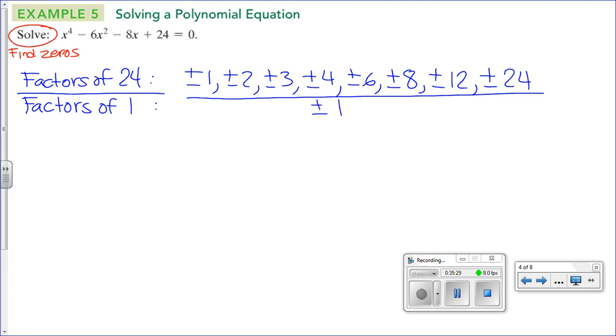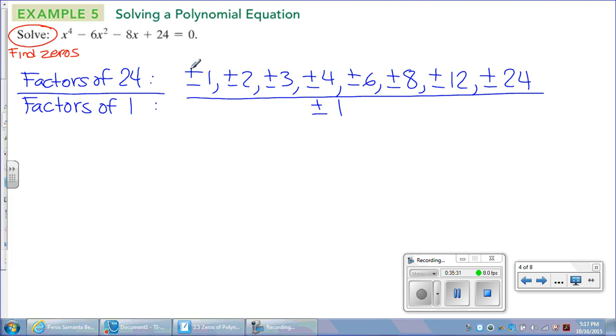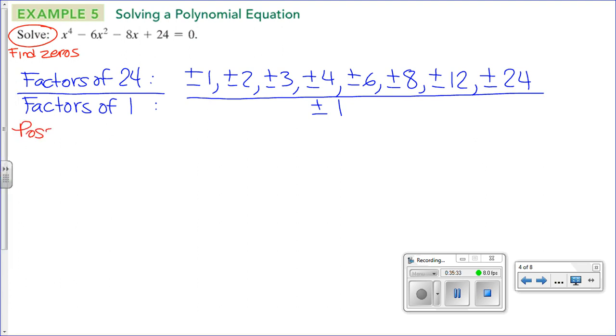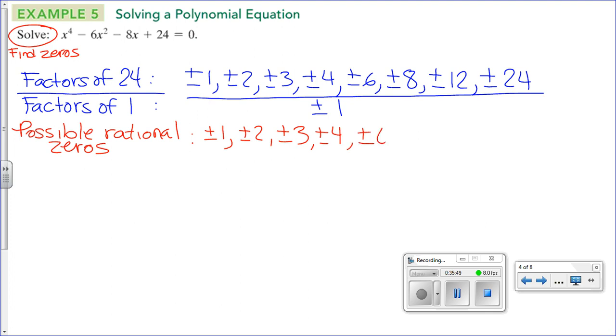So when we list our possible rational zeros, we could have positive and negative 1, positive negative 2, positive negative 3, positive negative 4, positive negative 6, positive negative 8, positive negative 12, and positive negative 24.